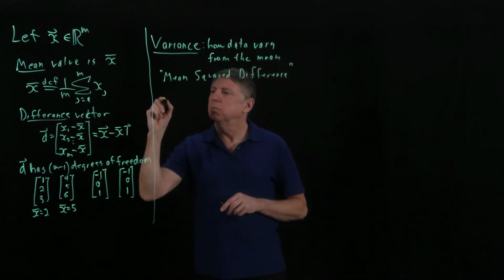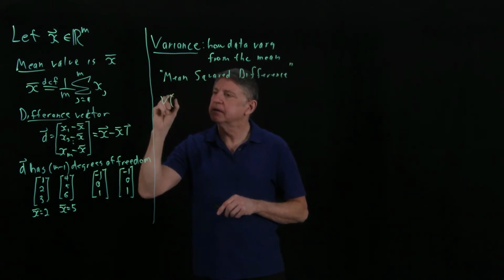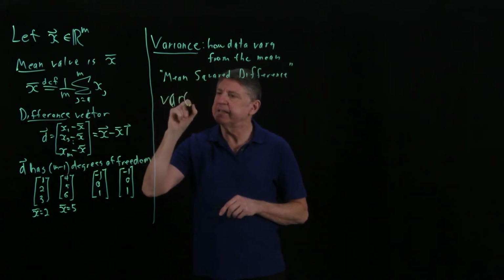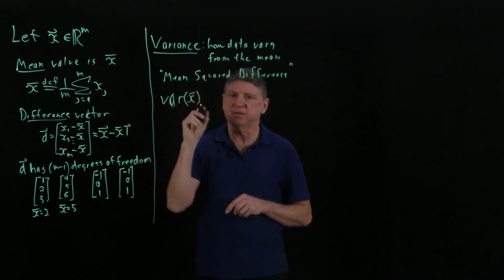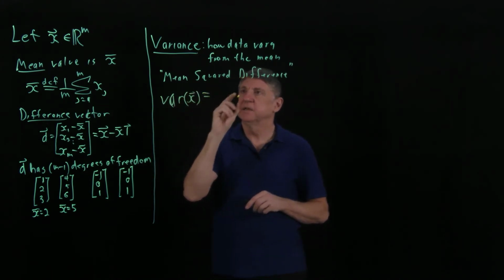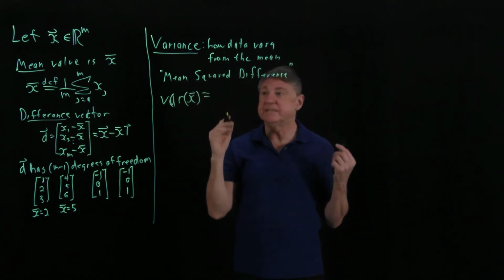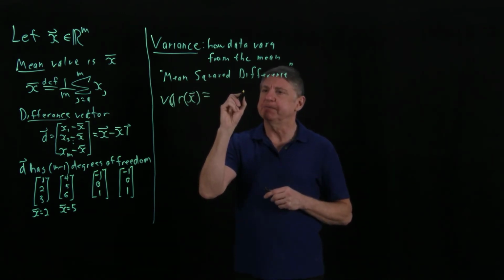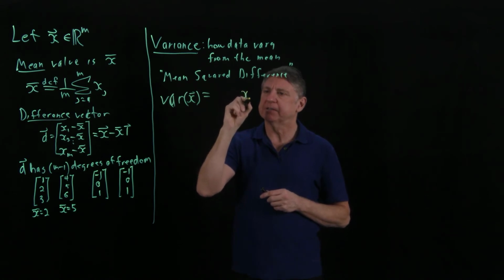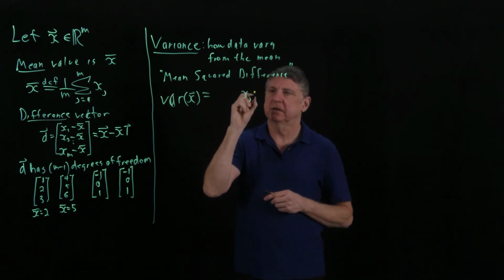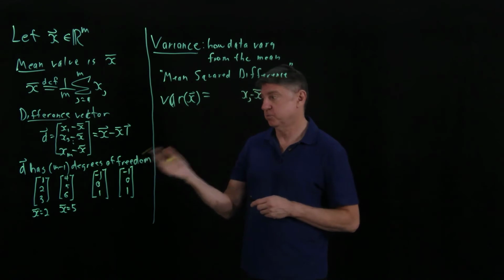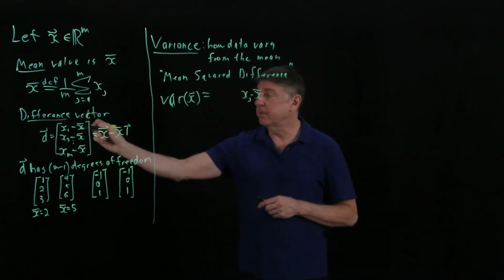And in mathematics, they will often say that the variance of a data vector is the mean squared difference. So what's the difference? Well, the difference would be xj minus x bar, which we've come across already.